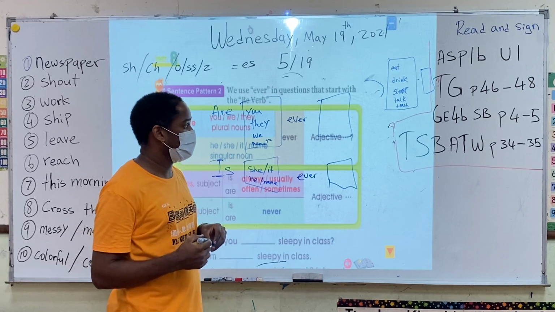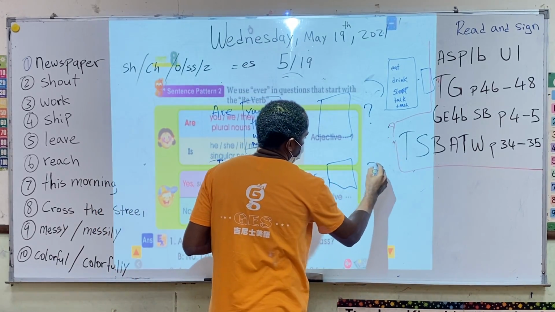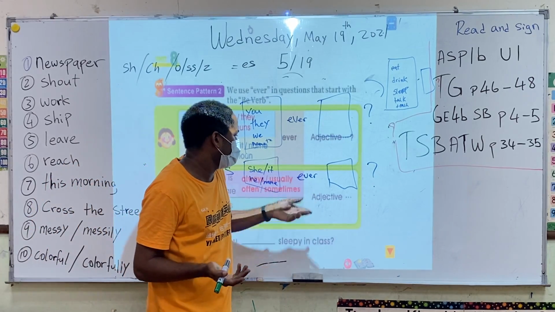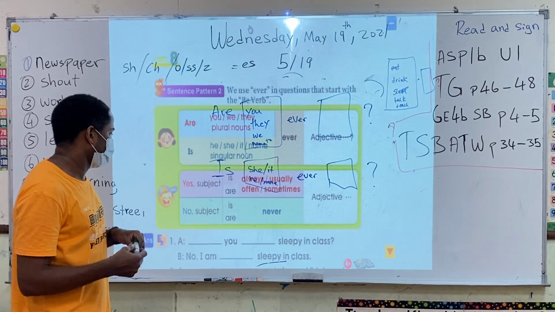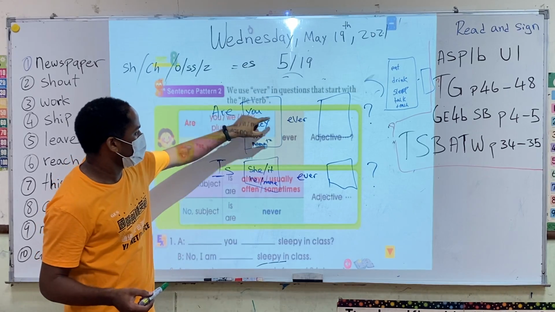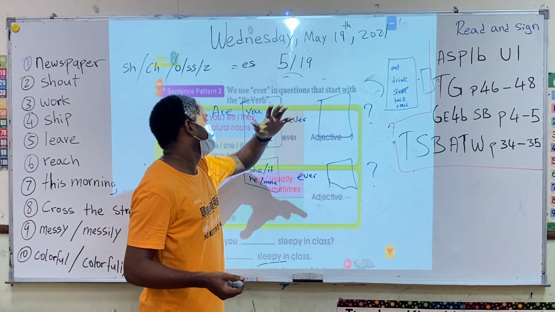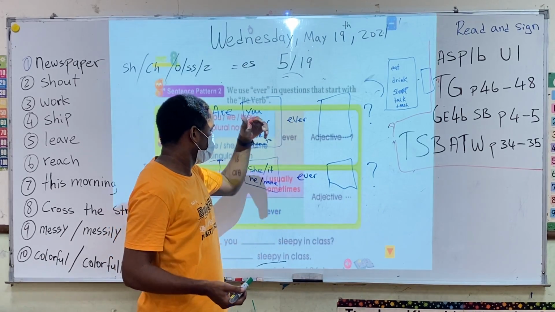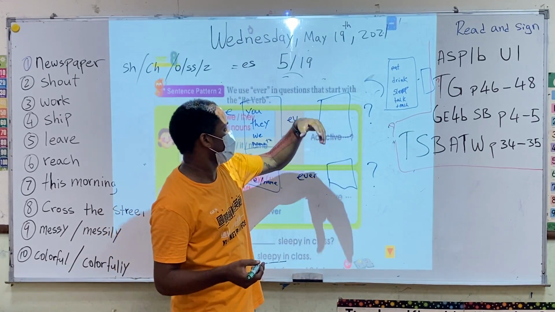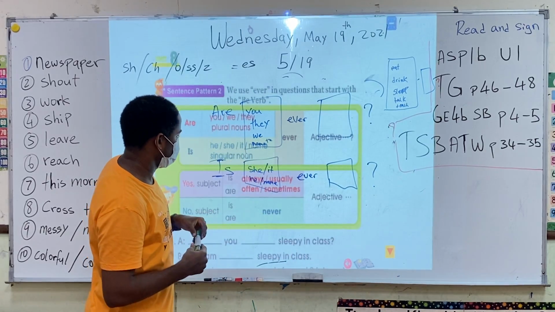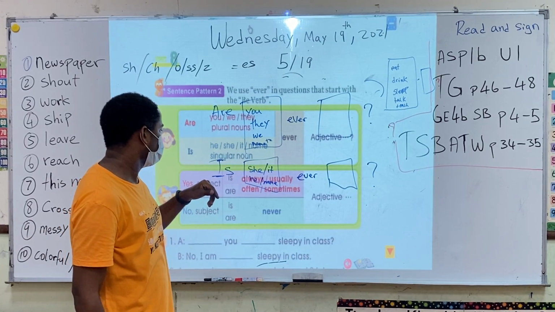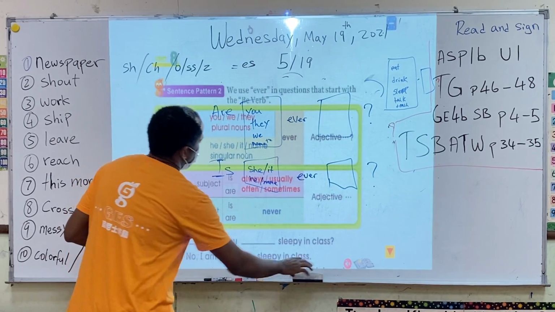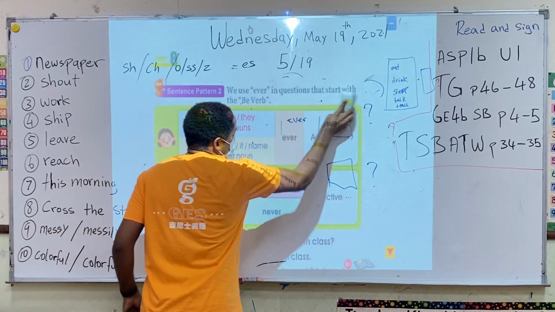Remember, adjectives are things that describe nouns, like mad, sleepy, hungry, and stuff like that. So: are you ever sleepy in class? Are they ever sleepy on the bus? Is she ever angry? Good.